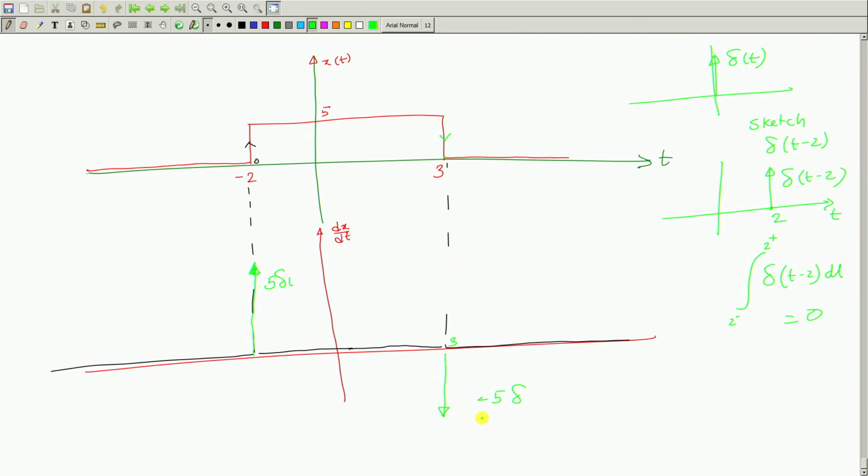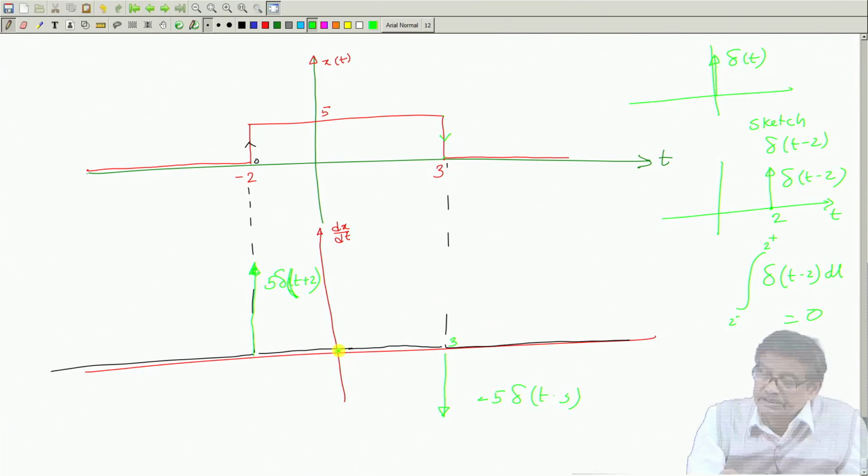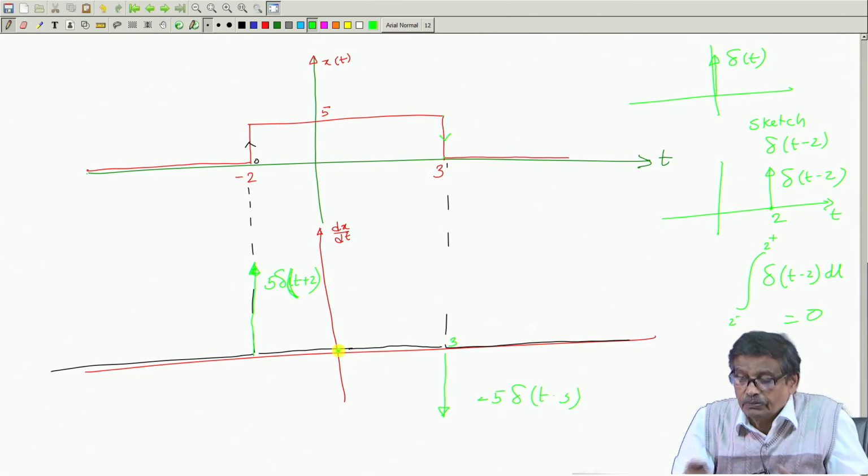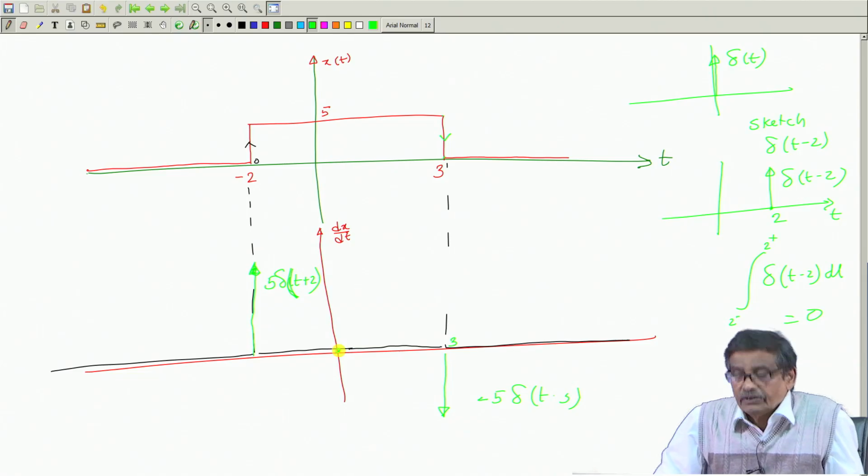So, it will be a negative value, minus 5 delta, and I must write (t minus 3). Similarly, this function I must write as delta(t plus 2), given a left shift with respect to the origin. Therefore, dx/dt of this rectangular pulse will look like this, consisting of 2 impulses.